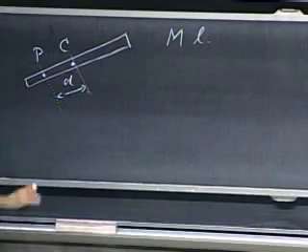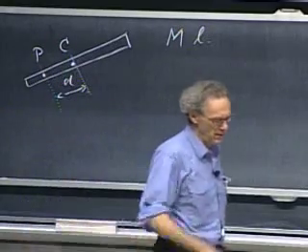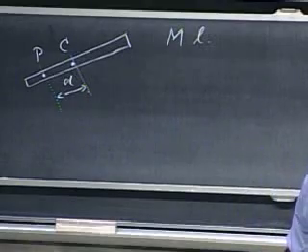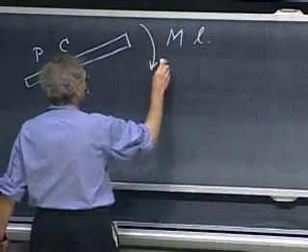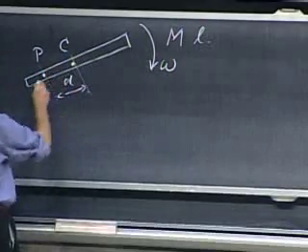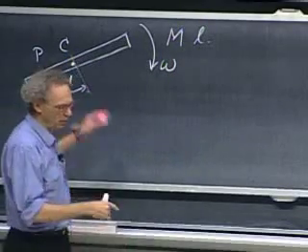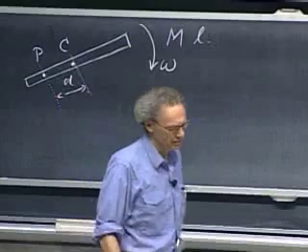Think of this as a horizontal, frictionless plane, and I'm rotating it with an angular velocity. Let's say we rotate it in this direction, force it about that point P. I put a pin in there, perpendicular to the blackboard, and I rotate it.